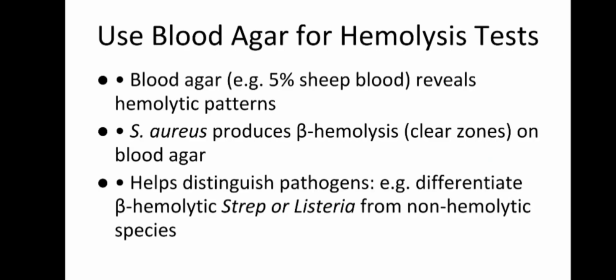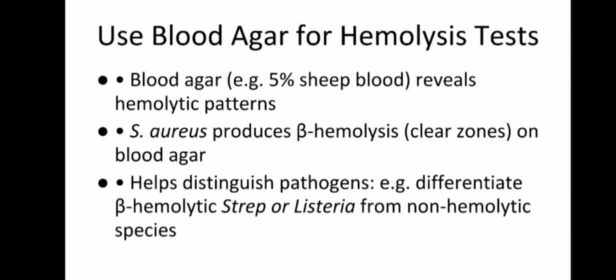So then use blood agar for hemolysis test. Okay, some species. So this is another case. Depends on the media. One aspect is to test against antibiotics, whether it is effective or not.